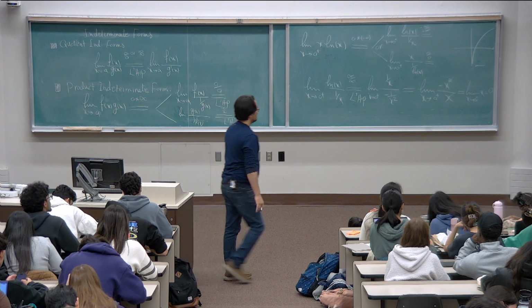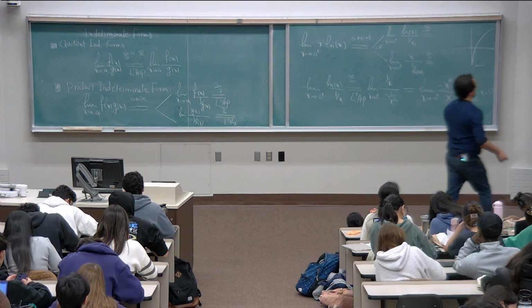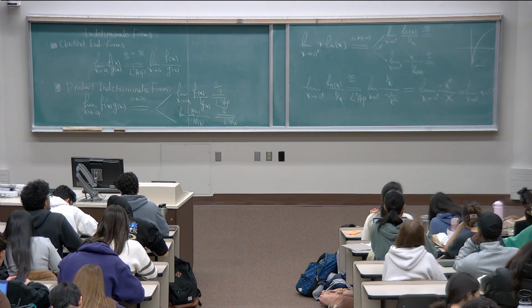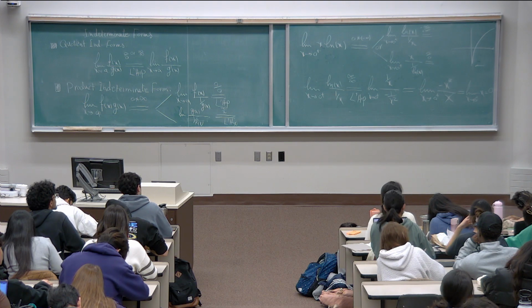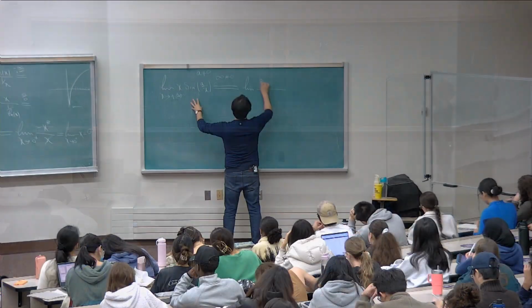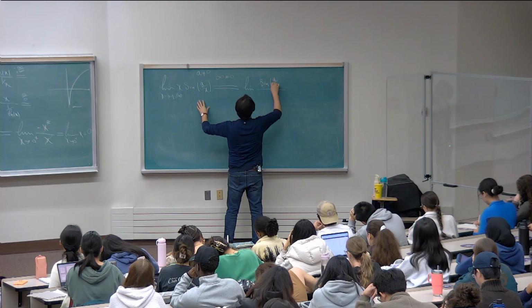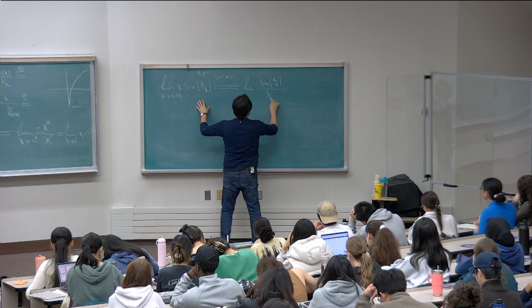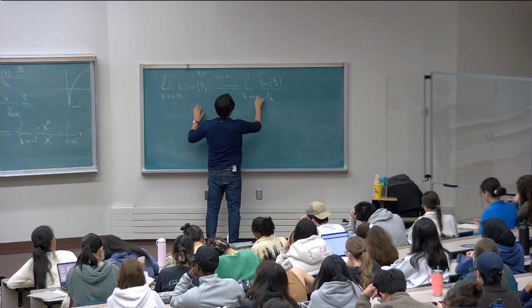Now I can use either one of these tricks I have there. I don't like 1 over sine x. I will keep sine the same way and replace x by 1 over 1 over x.